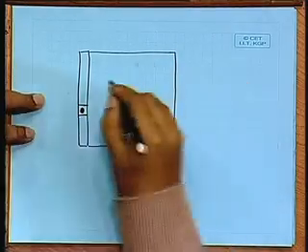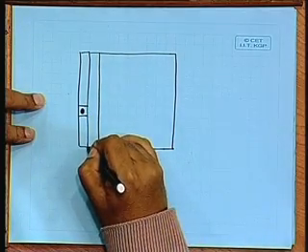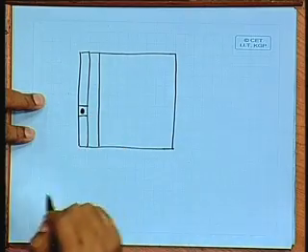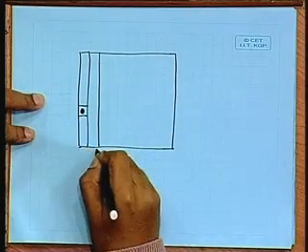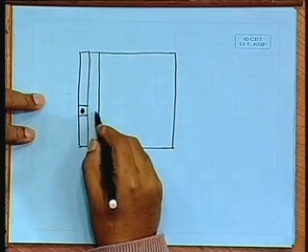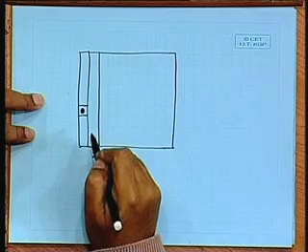So, we are going to pick up one by one the columns which are at a distance of 1, 2, 3, 4 from this column, right. So, let us look at this column which is at a distance of 1 from this column. Which diagonal square do we have to check?